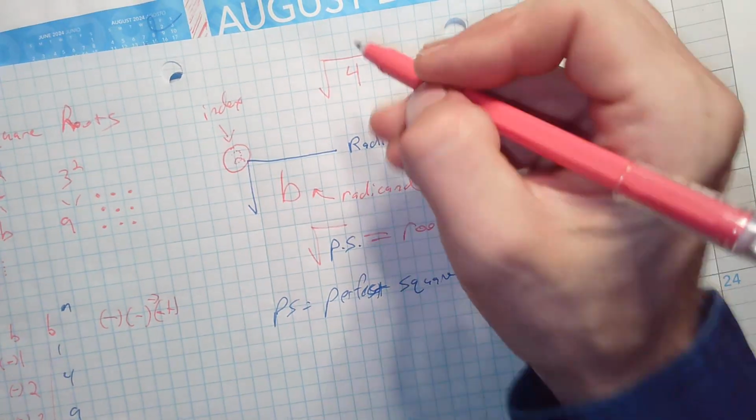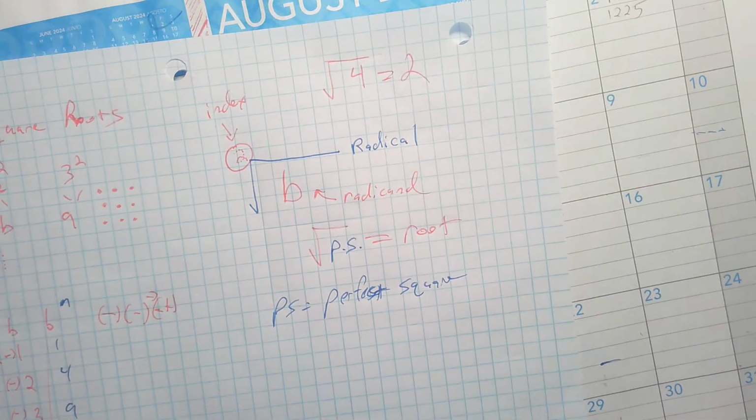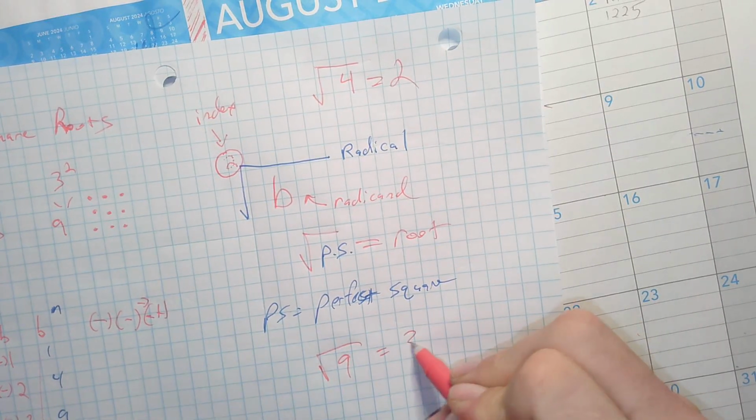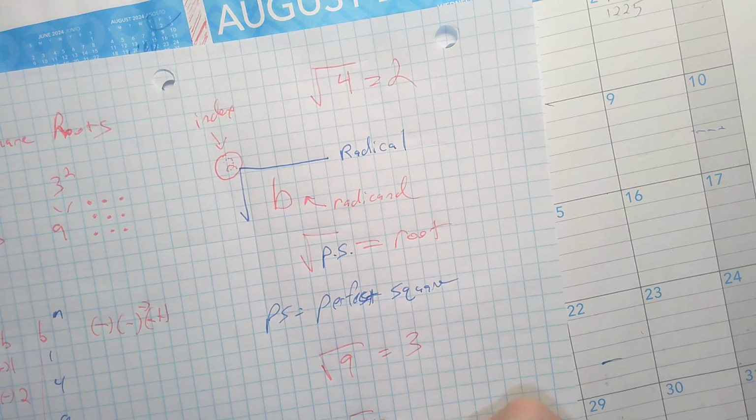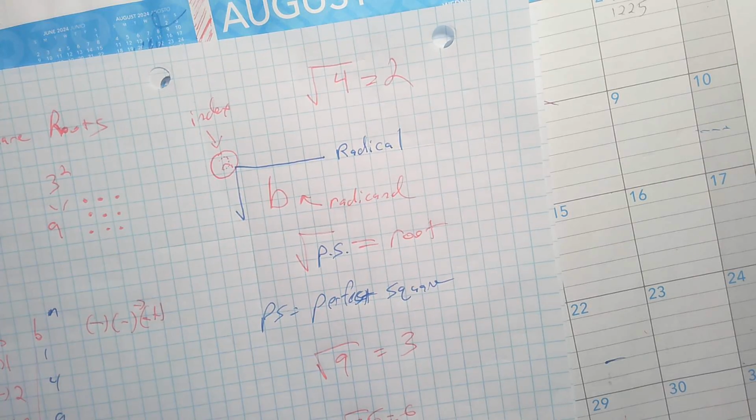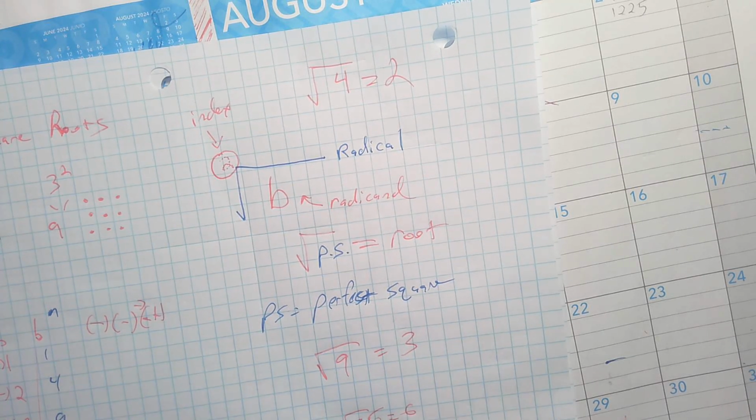Okay, so this would be 2. If this was the square root of 9, it would be 3. If this was the square root of 36, it would be 6. If this was the square root of 64, it would be 8.